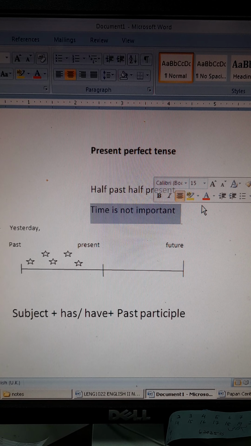Last week has been totally completed. We could not move any time from last week to now. Other than that, yesterday is totally completed. We could not have yesterday today.